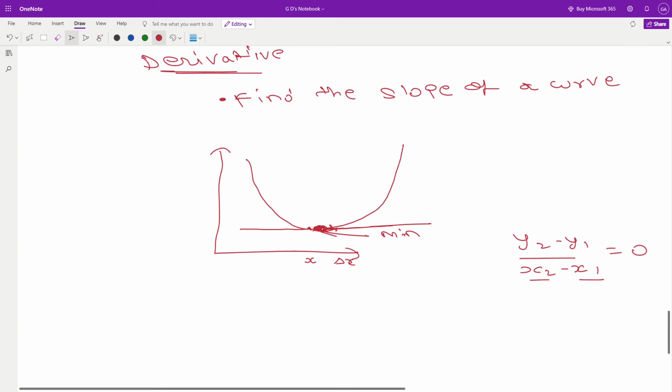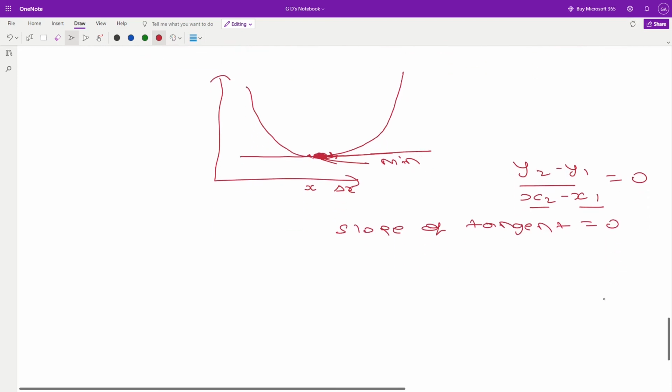So the slope at this minimum point is 0. More clearly, the slope of the tangent is 0 here.